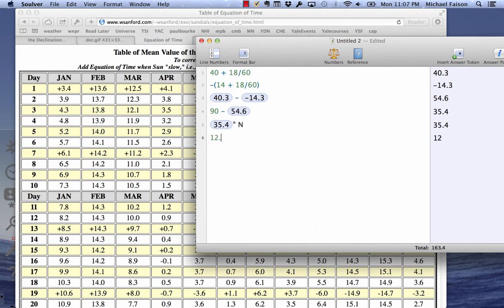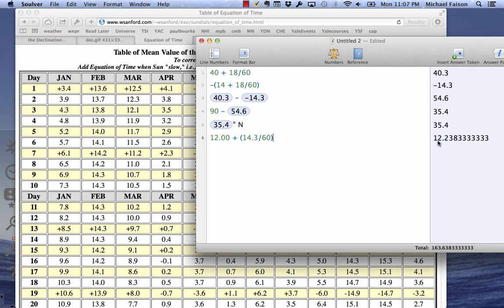So we'll take 12, and if I convert it to decimal hours, that's pretty easy. And I need to add on 14.3. Okay, I made a mistake there. I'm going to convert that to hours. There we go. So if that's in minutes and that's in hours, I have to convert to minutes of time.